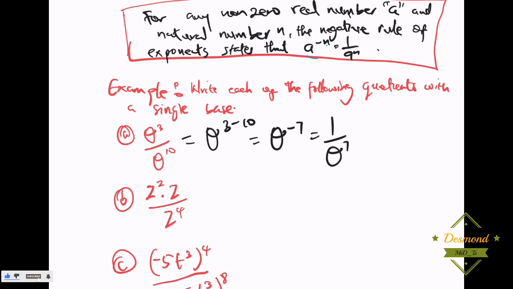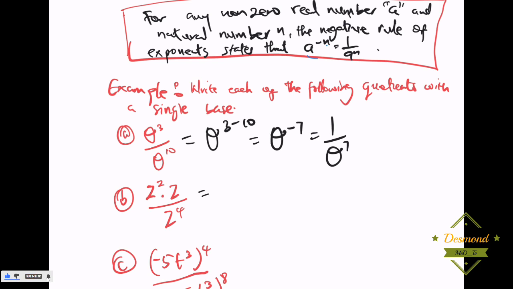Now you can pause the video and try to do the B on your own. If you have done it, let's look at the B. With the B, we have z exponent 2, which is z squared, dot z, then on the denominator we have z exponent 4. How do we do this?